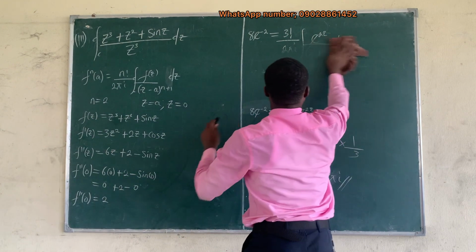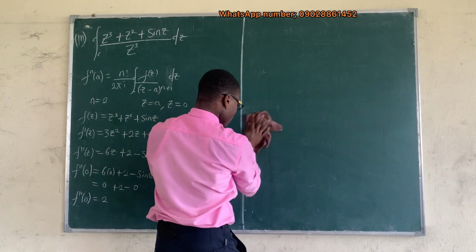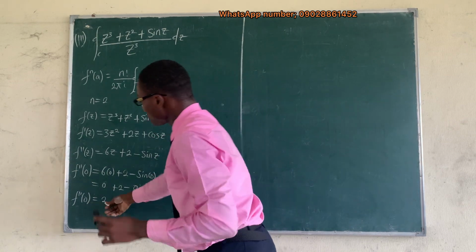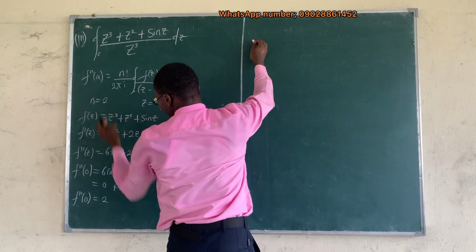So we can continue. So let's substitute this into our formula. So we have f n of a is 2.